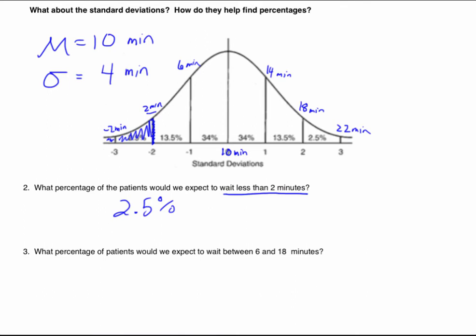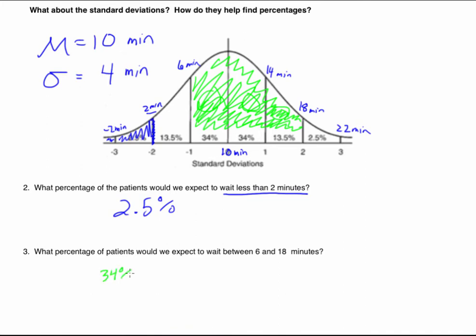For the next example, what percentage of patients will we expect to wait between 6 minutes and 18 minutes? So I'm going to shade that. Here starting at 6, all the way up to 18 minutes. So it's actually all of this area. We're looking for the area under the curve, and if we can find the percentage that is described in these 3 blocks, then we can describe between 6 minutes and 18 minutes. So that area would be 34%, right? And that's the area right here in between 6 minutes and 10 minutes.